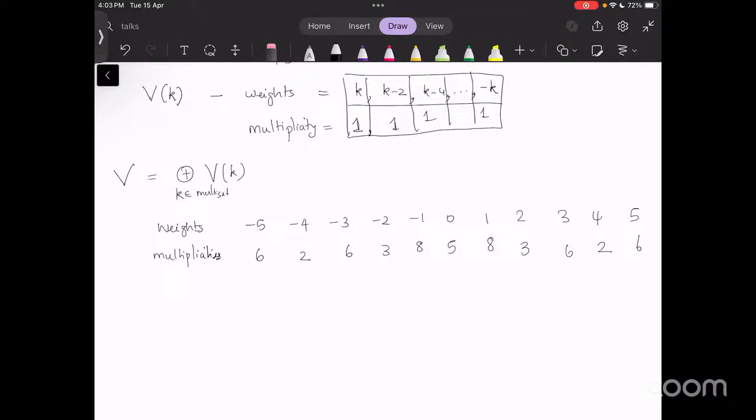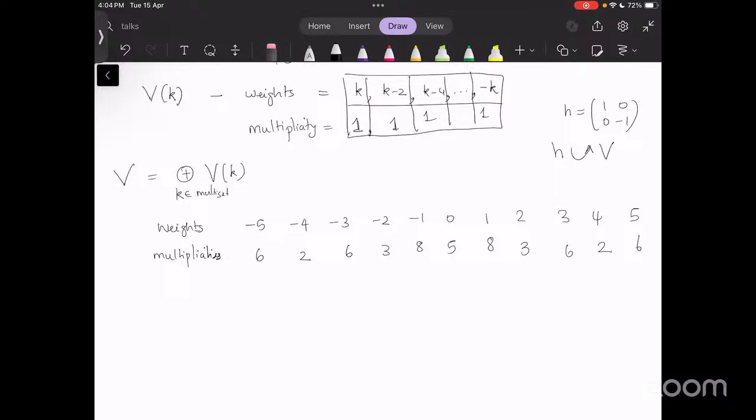Multiplicity is the dimension of the eigenspace. So how many times the eigenvalue minus 5 appears for the action of the Cartan subalgebra element H, this 1, 0, 0, minus 1. H acts on V, right?